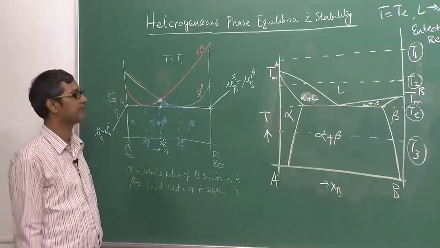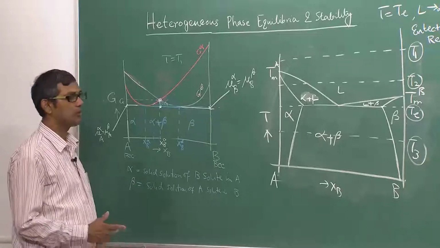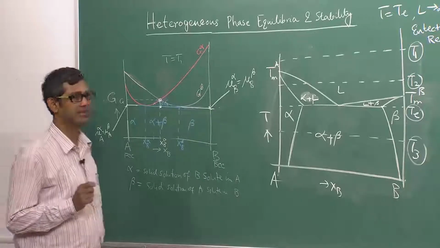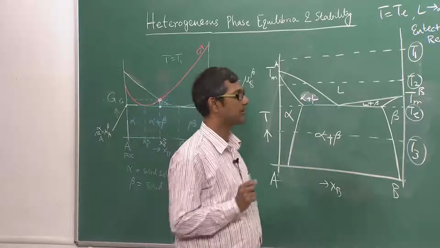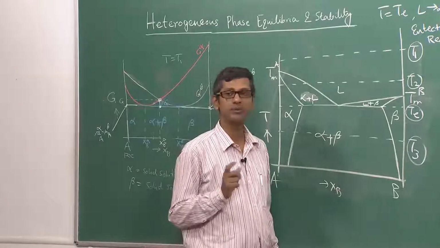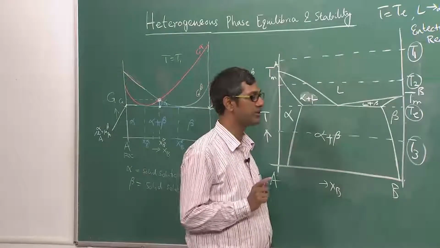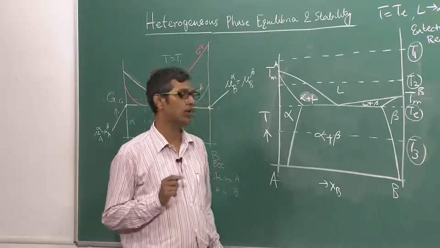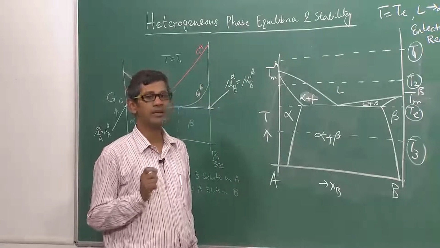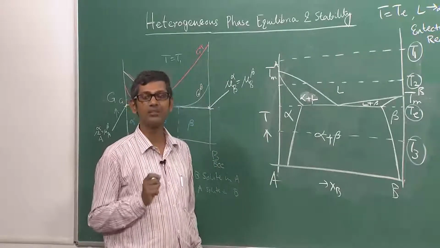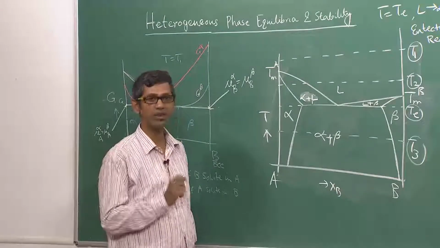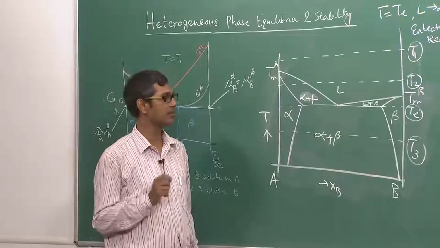And the common thing you have learned from this is that to understand the stability of multiple phases, we have to look at the crossovers of the free energy curves and then draw a common tangent. That is the basic, clear message you will get from all the discussion in this lecture and the last lecture.